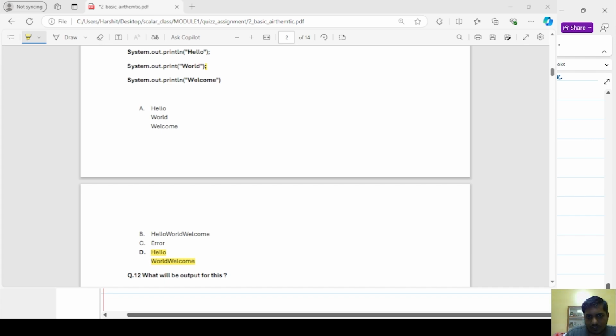If we see 2 plus 3, here 2 and 3 are operands, and plus is the operator.